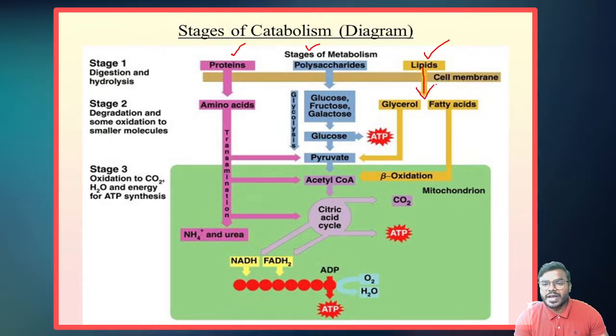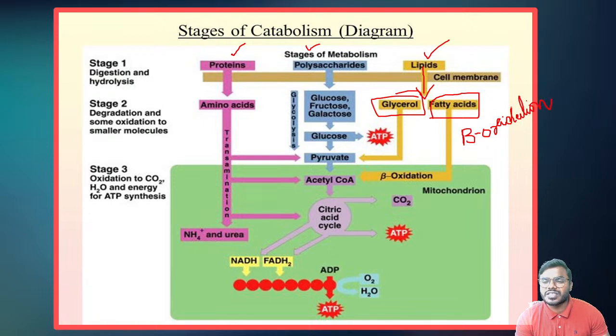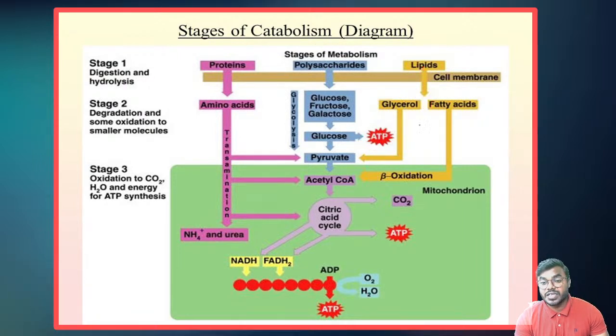Lipids can break down into fatty acids as well as glycerol. You all know one point very correctly, friends. Fatty acids undergo what process, friends? Fatty acids undergo the process called beta oxidation. Yes or no? Just as glucose undergoes the process of glycolysis, similarly fatty acids undergo the process of beta oxidation.